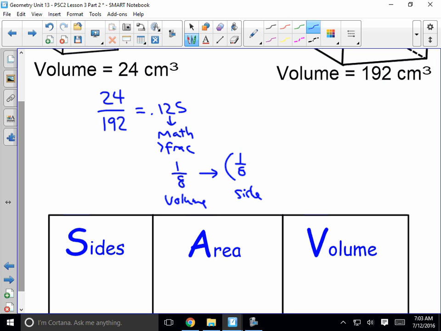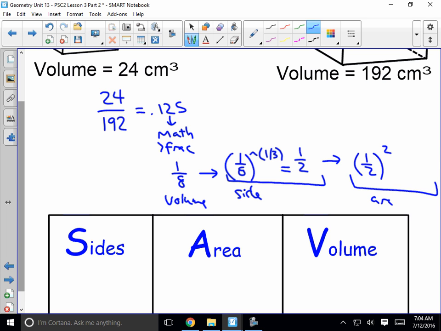We need to take the 1/8 to the power of 1/3 to turn it into the side ratio. Okay, so this is all together as the side ratio of 1/2. And then now, once I have the side ratio, I can take that side ratio, square it, and turn it into an area ratio of 1/4.